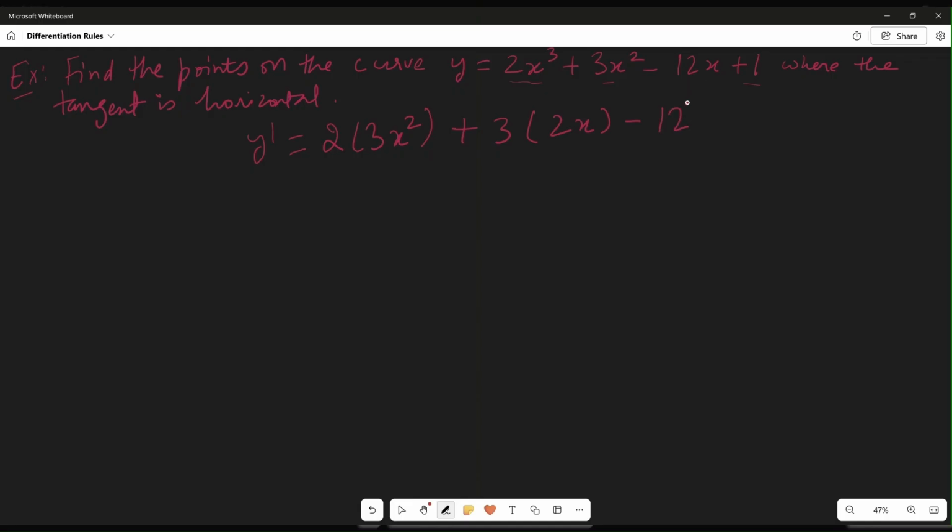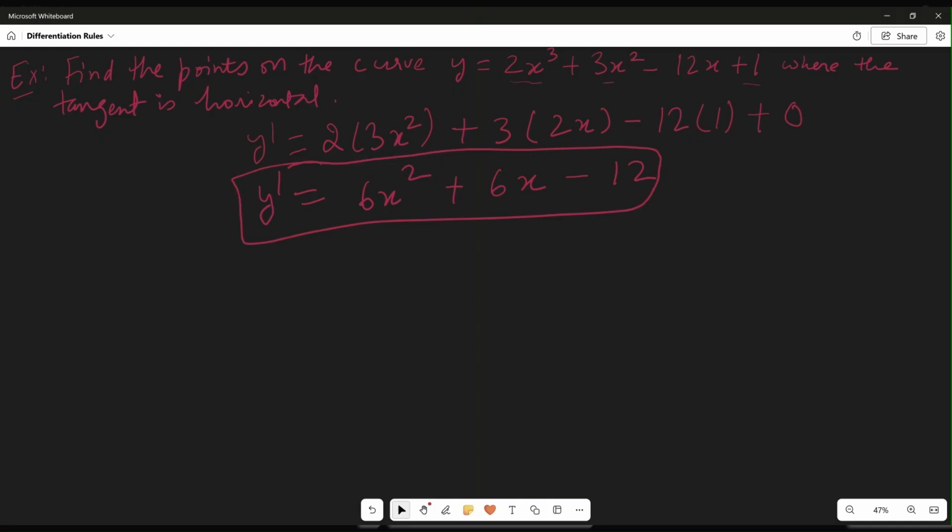Constant multiple, so it's 12 times derivative of x, which is 1 times x to the 0, which is 1. So we are left with just 1, plus derivative of a constant is 0. So we have 3 times 2, 6x square, plus 3 times 2x is 6x, minus 12 times 1 is 12.